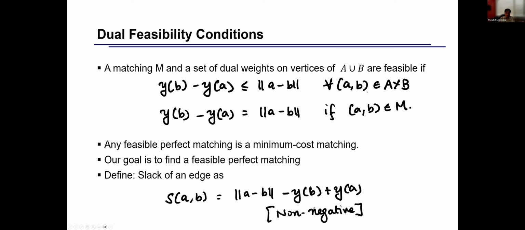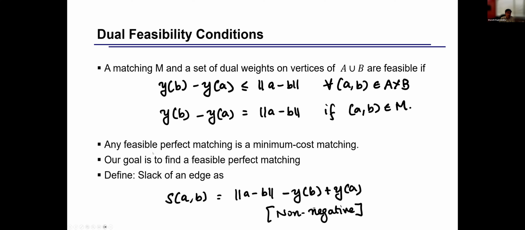For every edge in the graph, the difference in the weight of B and A, where B is a point from the set capital B and A is a point from the set capital A, should not exceed the Euclidean distance between B and A, right? So this is the property we should have. And for matching edges, we should have this property hold with equality, right? So the difference yB minus yA should be equal to the distance between A and B.